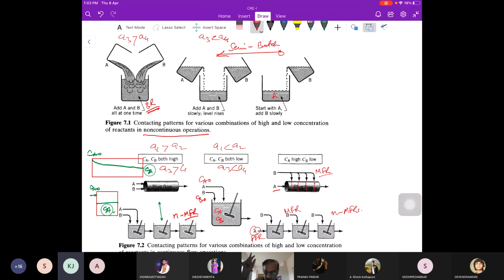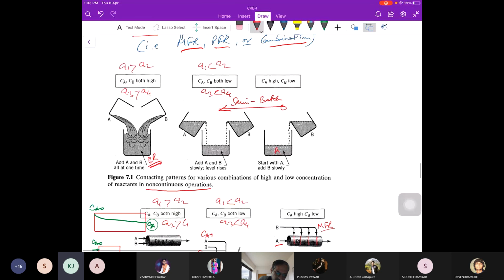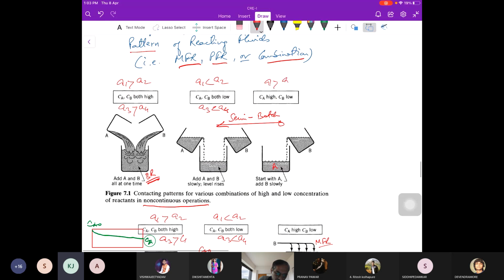Right, जो हमने एनालिसिस एक रिएक्टेंट किया, सेम we are doing for two reactions, then we are deciding कि हमको क्या कॉन्फ़िगरेशन चाहिए. Now if I want A high, that means A1 is greater than A2 and A3 is less than A4. Then I should keep A high because A1 is more than A2. I should keep B low because A3 is less than A4.